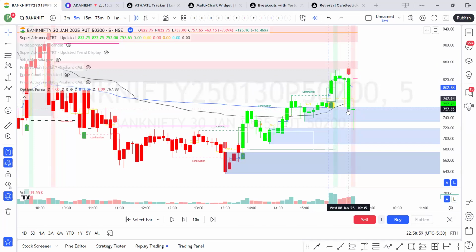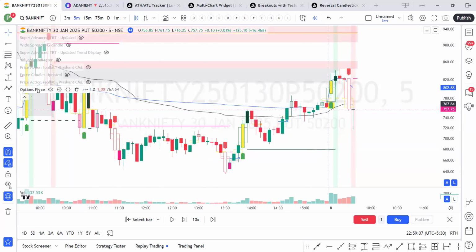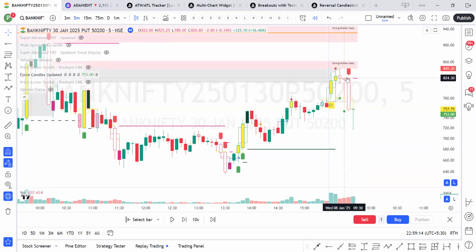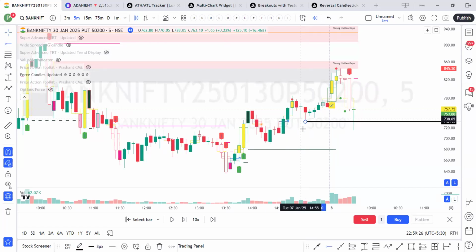Now, when it came down, it created a strong down candle. If we use force candles, it will be visible like this white candle, a very big candle, and it closed here.